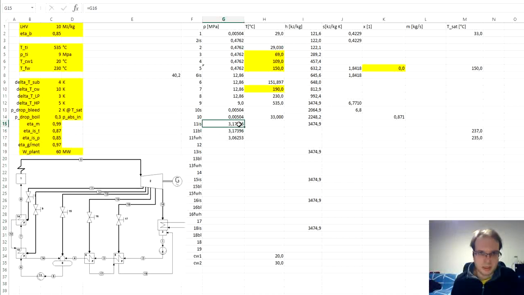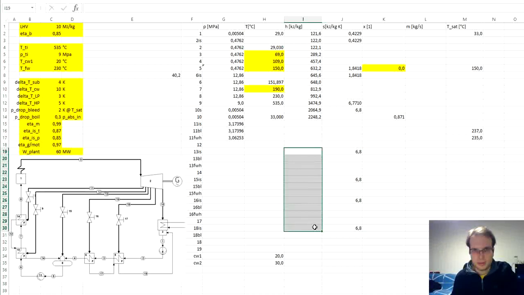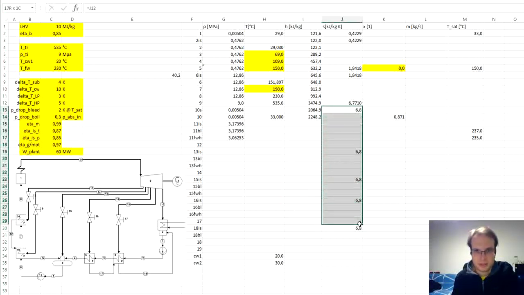And now at point 11 isentropic, we have temperature, and this enthalpy is incorrect. We should have here constant entropy, and I can see that I did the same mistake all over my sheet, so sorry for that.